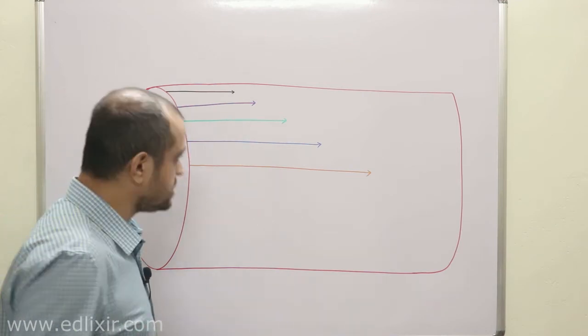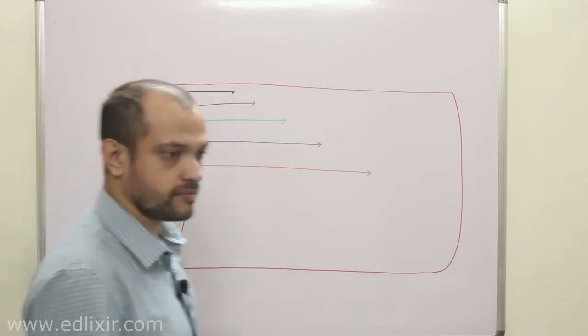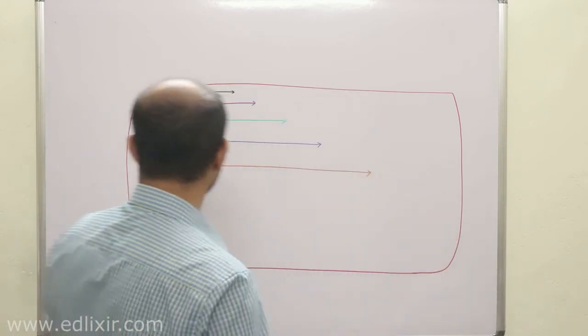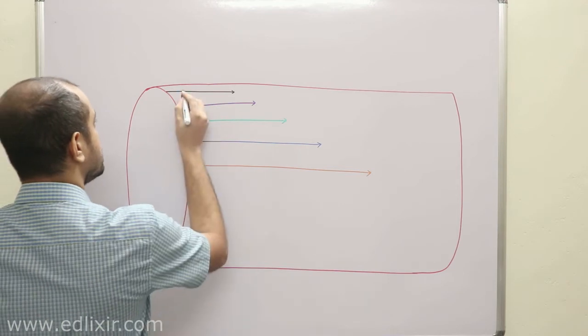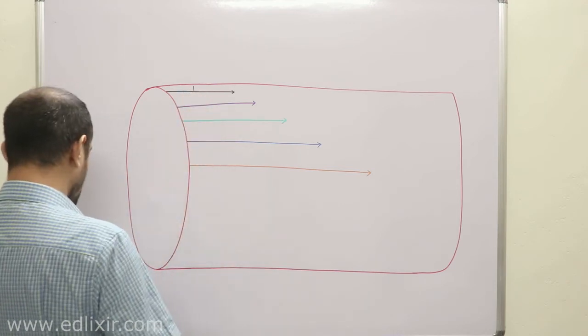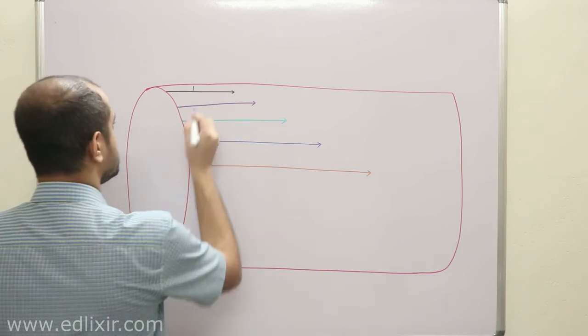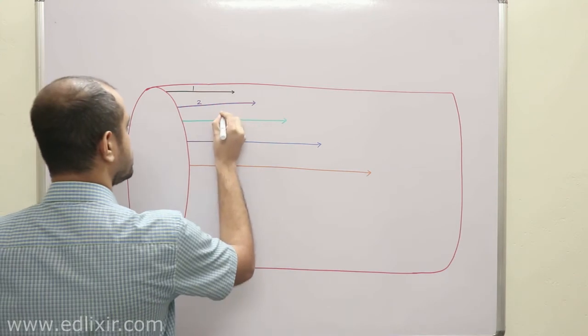Now listen, this is actually the velocity gradient of flowing blood. Now listen with all your attention. Suppose this is the layer 1, this is the layer 2, this is the layer 3.